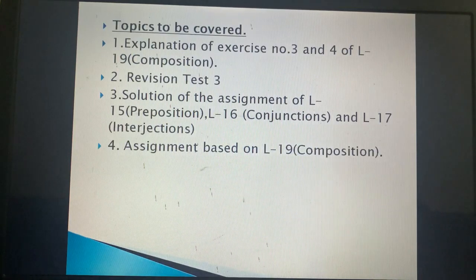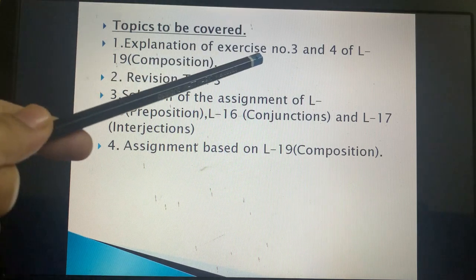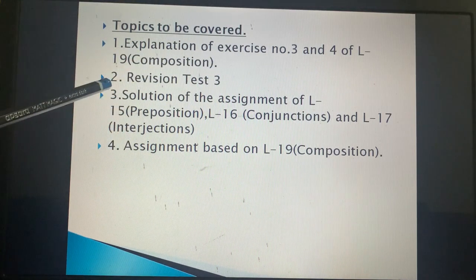The topics which we are going to cover in this lecture: first, I'm going to give you the explanation of exercise number 3 and exercise number 4 of chapter number 19. Then we will be discussing review test 3, which is given on page number 72 in your grammar book.